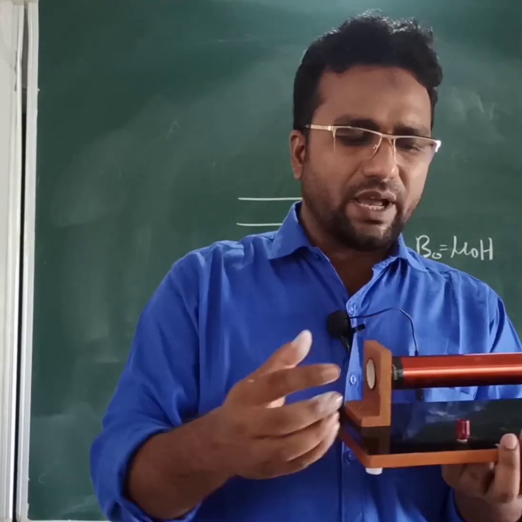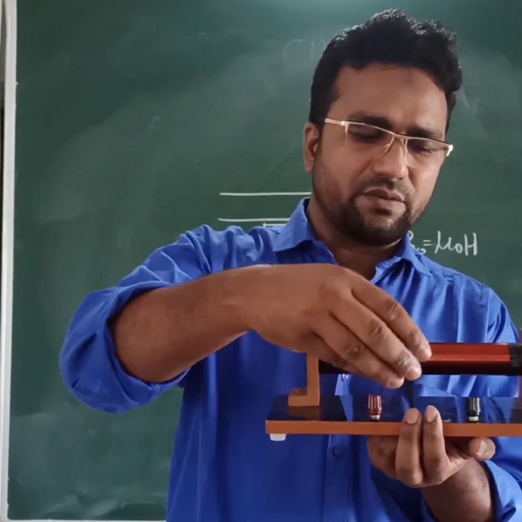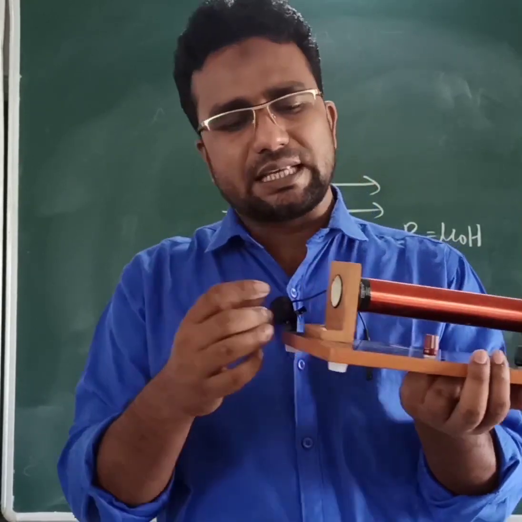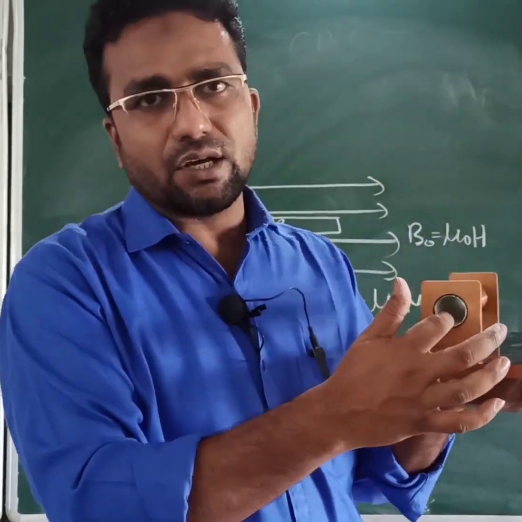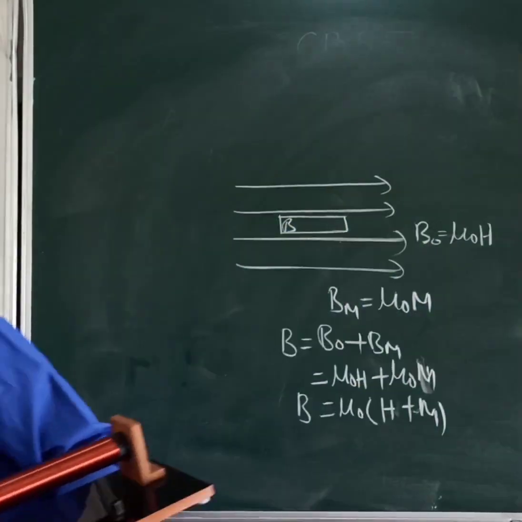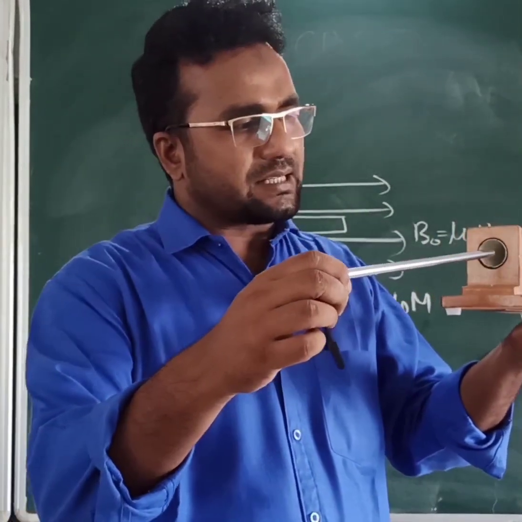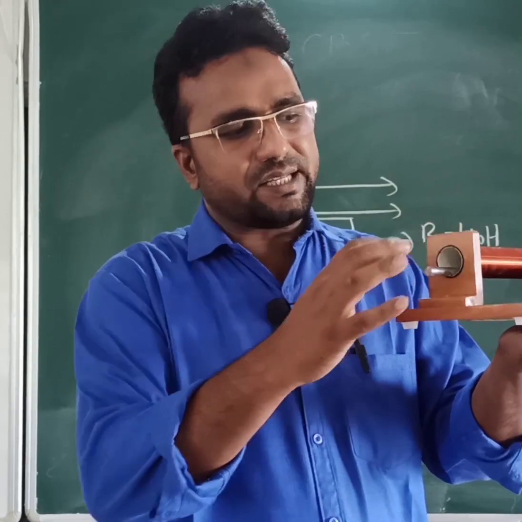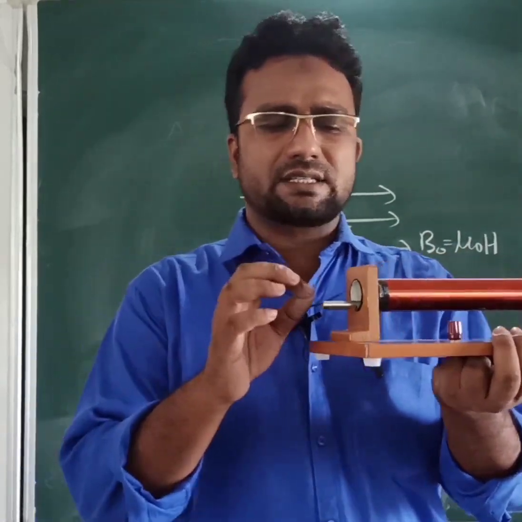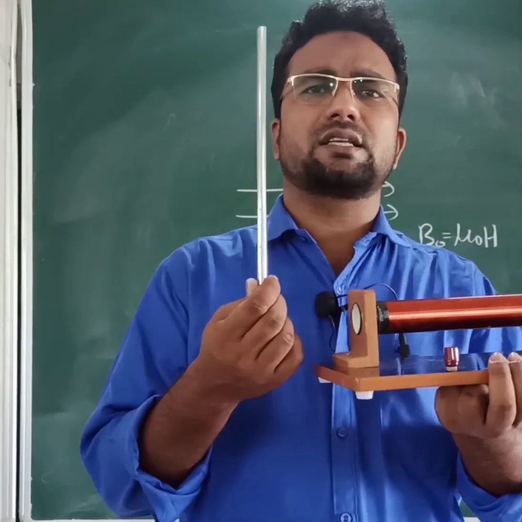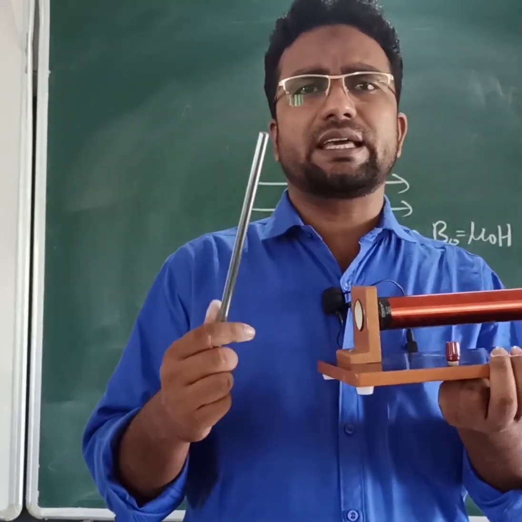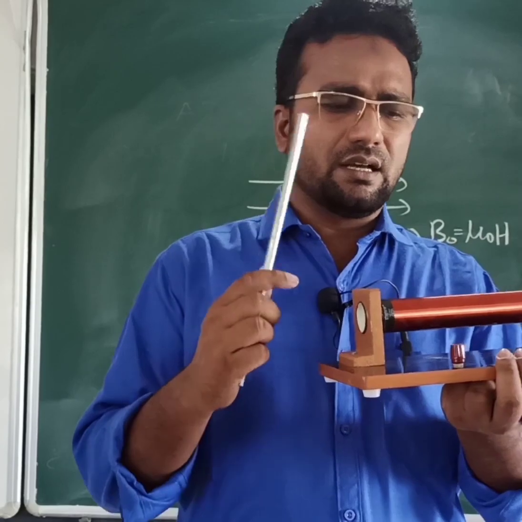When we apply some current, this solenoid produces a magnetic field inside it. When we keep this ferromagnetic substance inside this region, after some time it becomes magnetized. Practically we can see it.